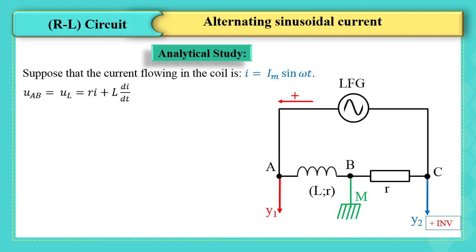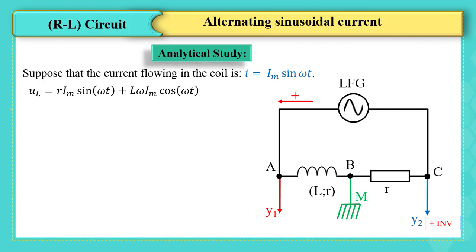Then, by replacing the expression of i and the expression of di over dt, the voltage across the coil UL becomes equal to R Im sine omega t plus L omega Im cosine omega t.